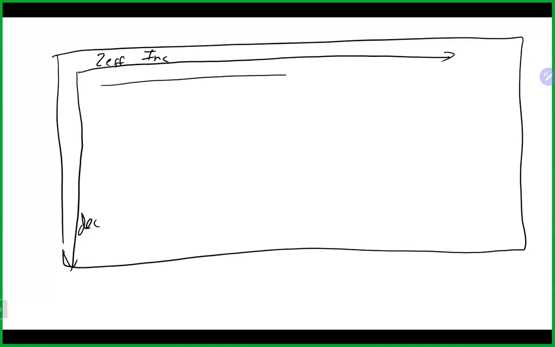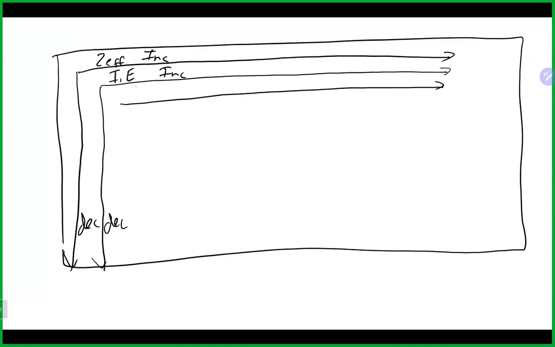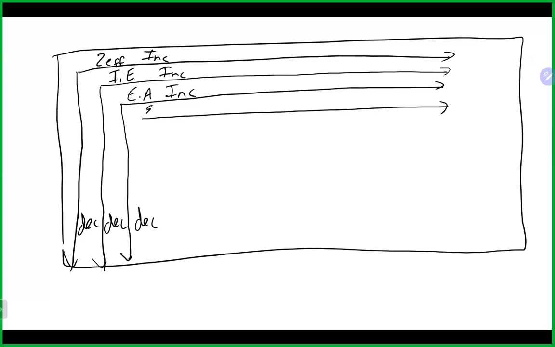We take our ionization energy, which increases as you go up to the right and decreases as you go down. If we take our electron affinity, I'll just abbreviate that EA, increases as you go up to the right, decreases as you go down. If we take our electronegativity, increases as you go up to the right, decreases as you go down.